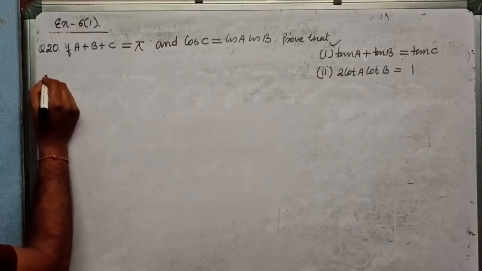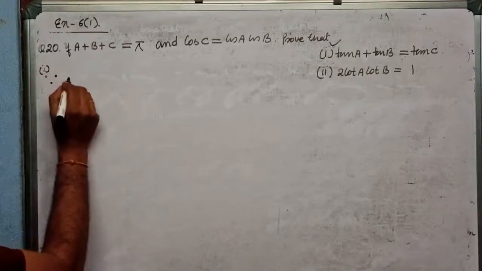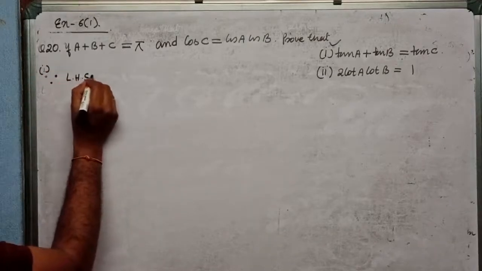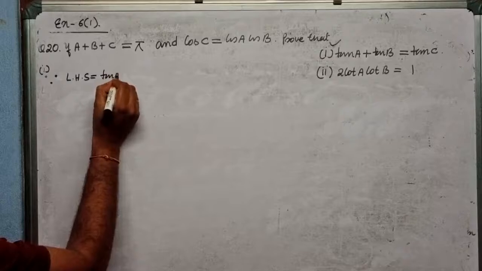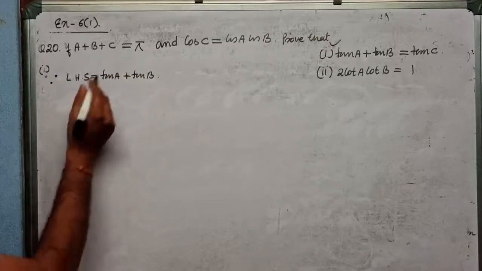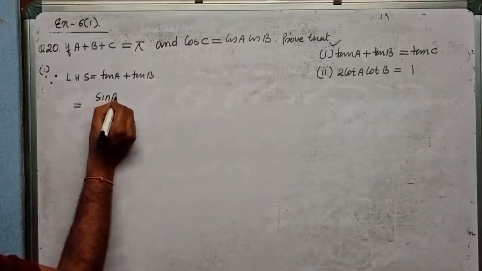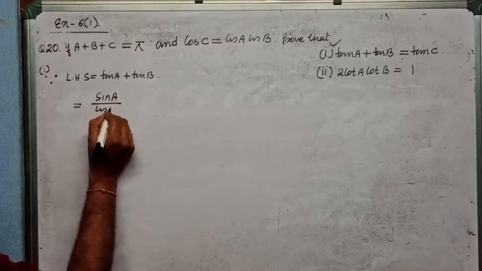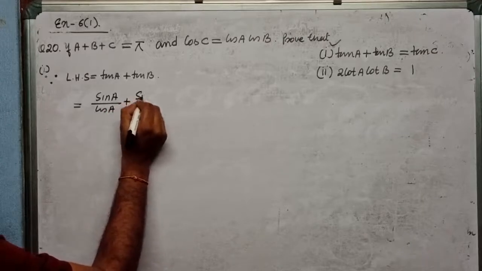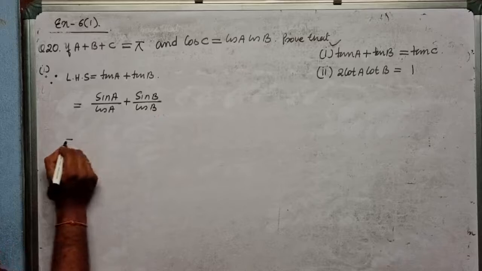To prove this identity, I'll take left hand side, number 1, left hand side LHS, and that is tan a plus tan b. I'll convert this one in terms of tan c. Now then I'll convert this one in terms of sin and cos. Sin a over cos a plus sin b over cos b.